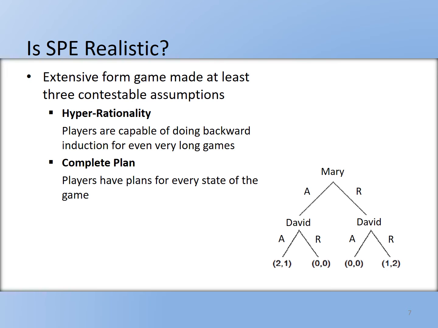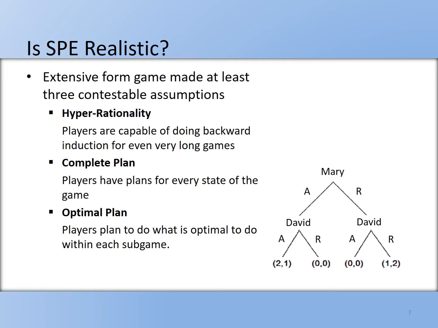But once again, it's a requirement in game theory here. Okay? It's required in a subgame perfect equilibrium. It's unrealistic. Finally, I've already mentioned that a moment ago, the plan has to be optimal.